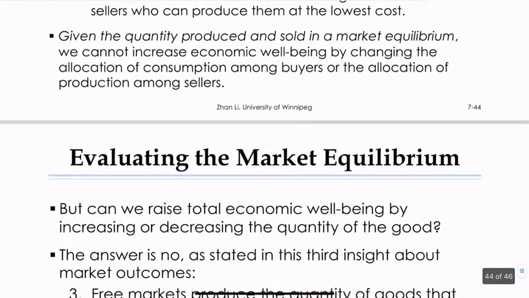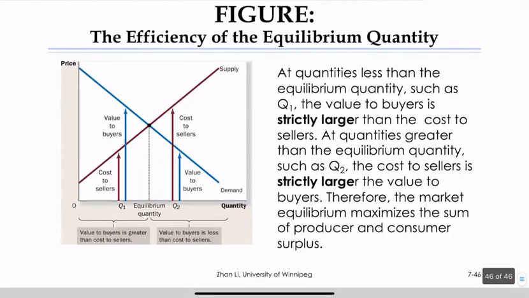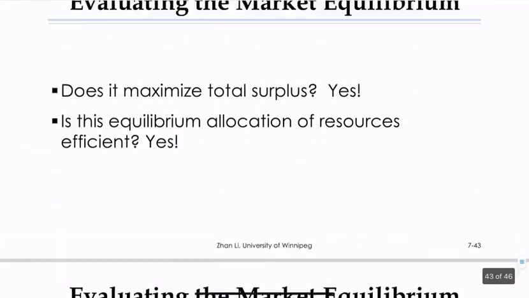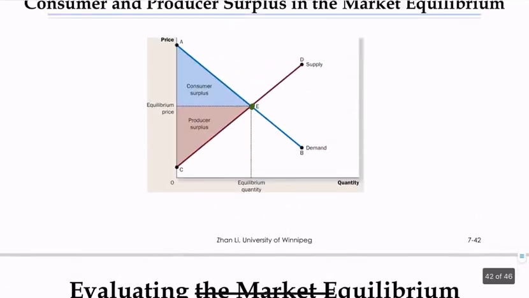Where is this graph I am looking at? Okay, to answer this question, let's do some thought experiment. Let's say we're looking at alternative allocations. For example, I wanted to move the quantity to this larger quantity.